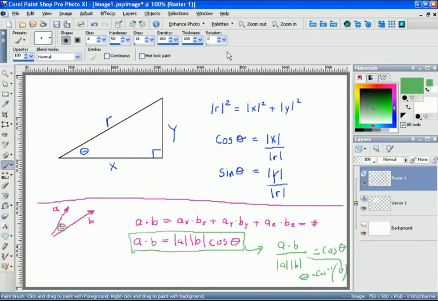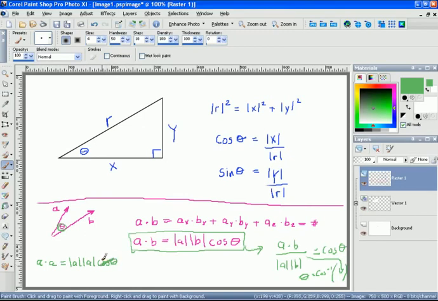Okay, now let's take a look at some interesting facts about the dot product. If you were to dot one vector with itself, what would you get? Well, we could apply either of these formulas to see the result, but let's work with this one because the result is actually more clear. If we take A dot A, we'll get the magnitude of A times the magnitude of A times the cosine between A and A. Well, because A and A are the same vector, the angle between the two vectors is 0, so cos of 0 is equal to 1.